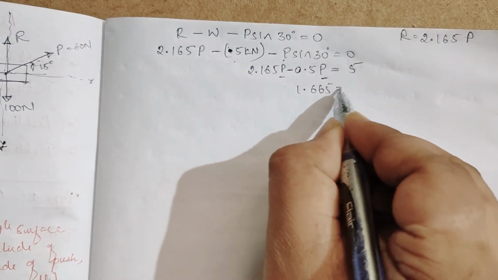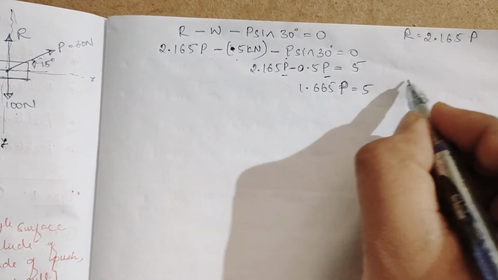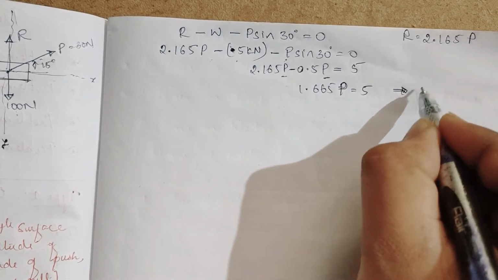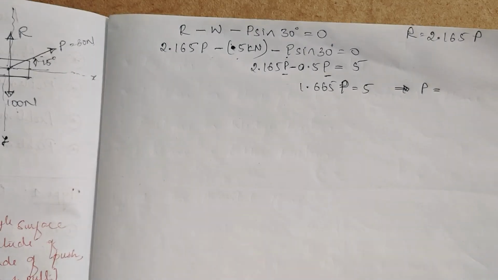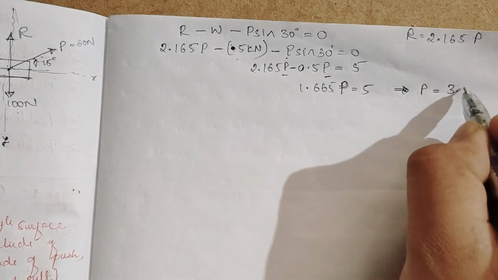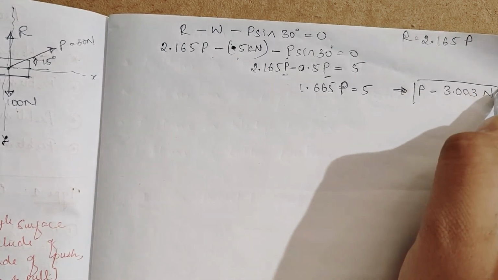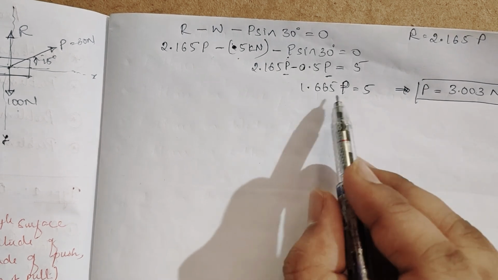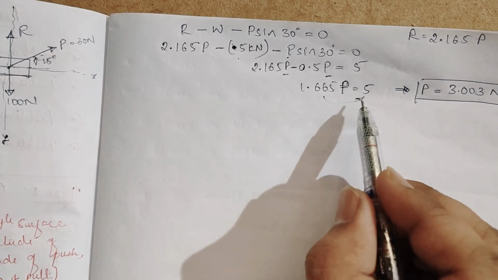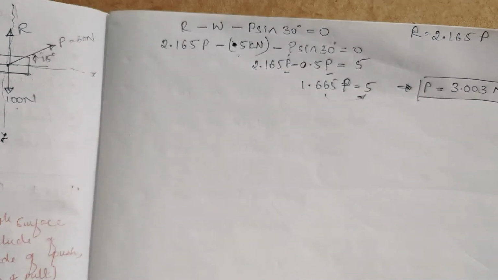So 1.665 P is equal to 5, which implies P is equal to 5 divided by 1.665, so P is equal to 3.003 Newton.